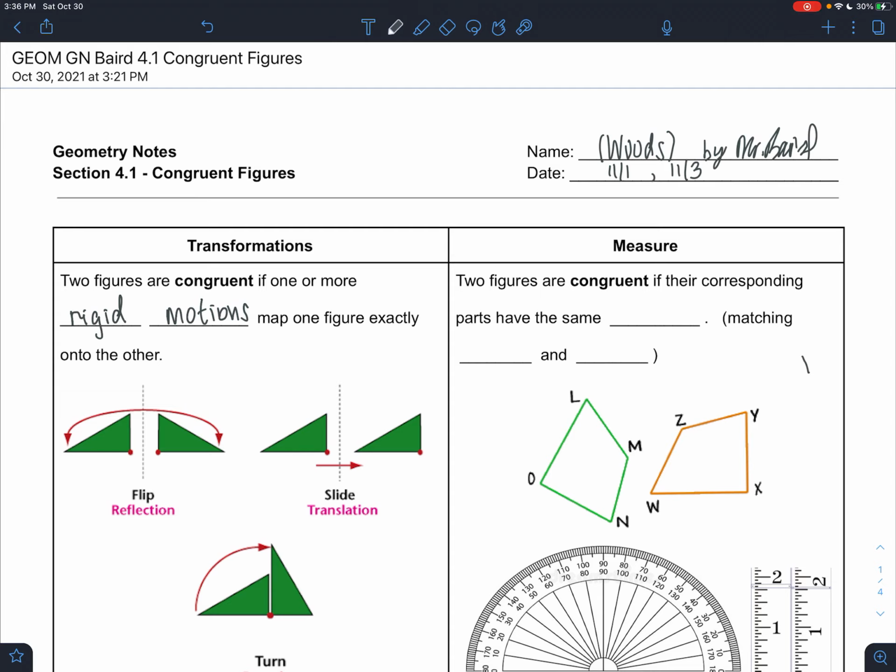But the notes today, we're going to focus on measure. Two figures are congruent if their corresponding parts have the same measures. By that, I mean we have to match up sides and match up angles. There's an example down there of two four-sided quadrilaterals.